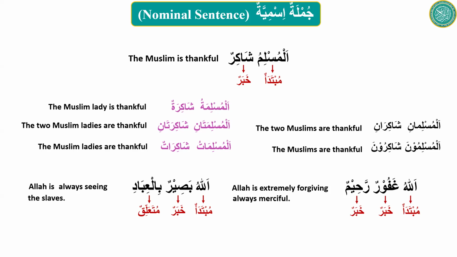In jumla ismiyyah, we are learning three terms as well. Mubtada, khabar, and muta'alliq. Whenever you see a jar majroor in a jumla ismiya, you say it is muta'alliq. And there is another category of that too. Like if you see a special mudaf ilayh, that is also muta'alliq. What is a special mudaf ilayh? What does it look like? We will learn it in the next class, inshallah.